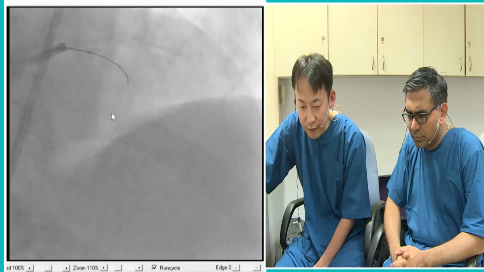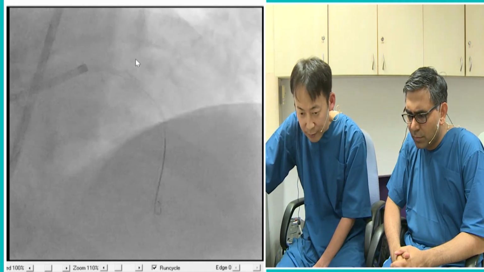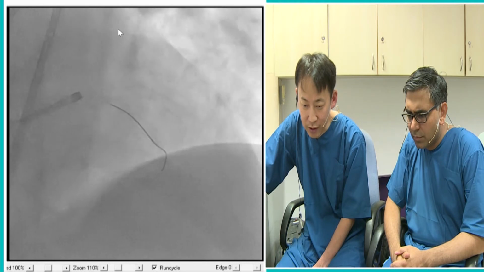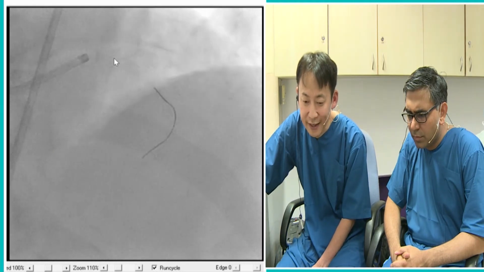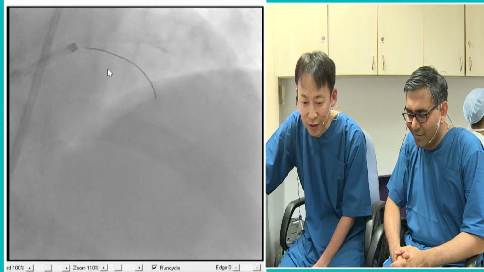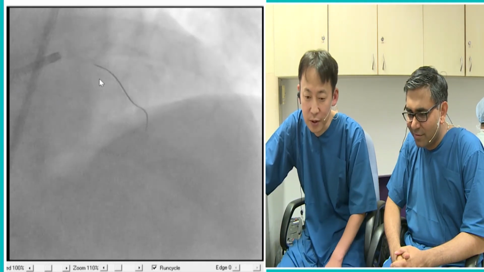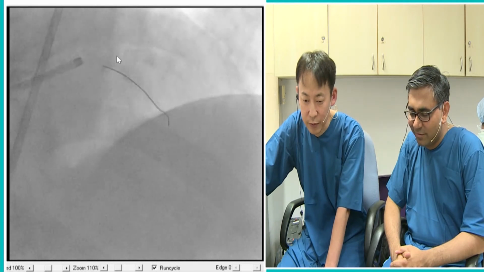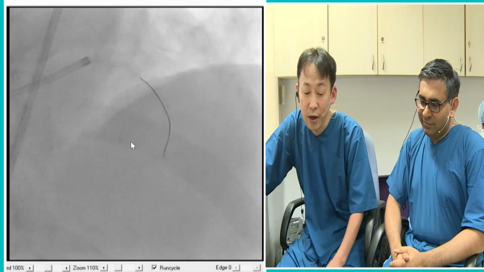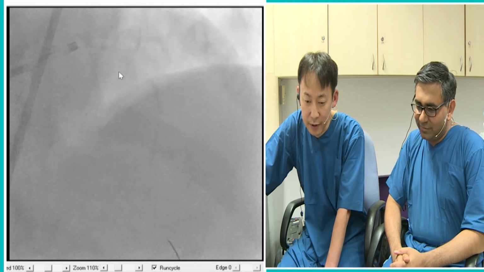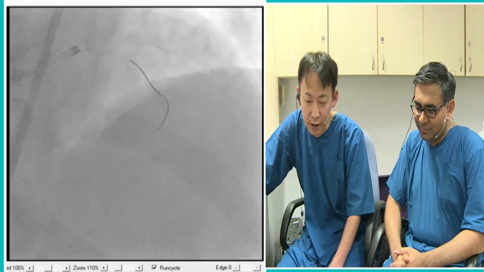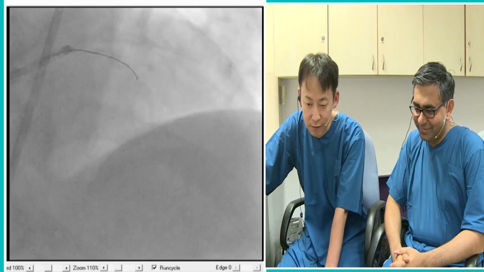So we checked the FFR, but the iFR shows almost 0.99, almost 1. So you can see the 75% stenosis, but today there is no ischemia of the LAD ostium, so we left it. So I finished the case. That's all. Thank you very much.